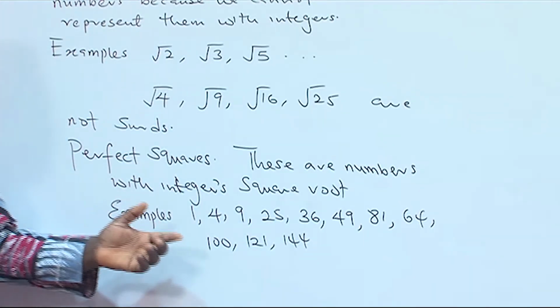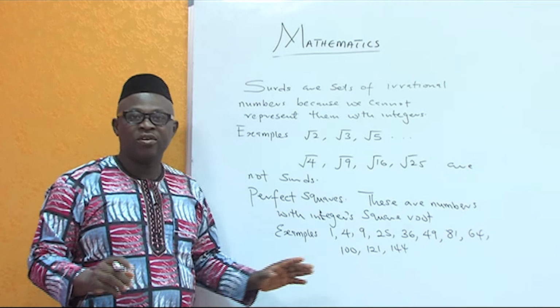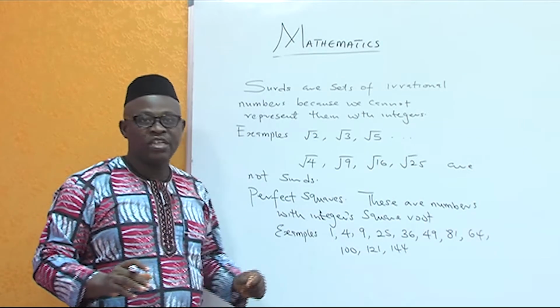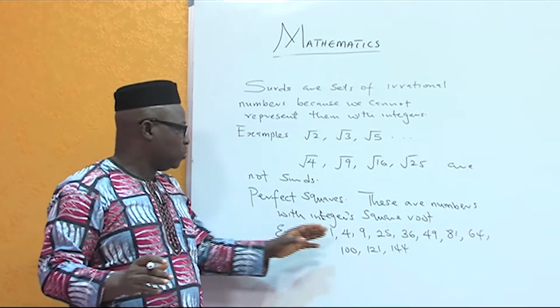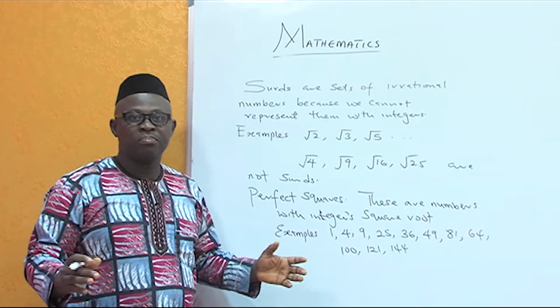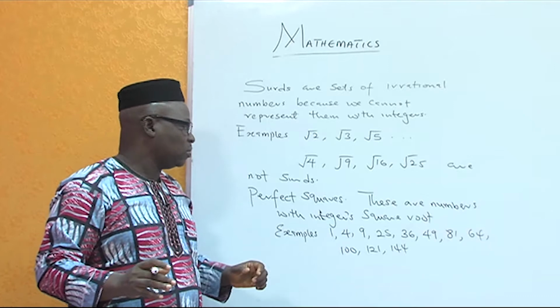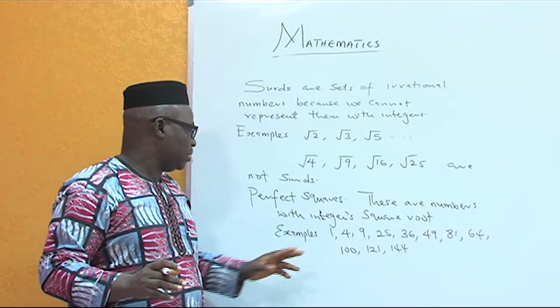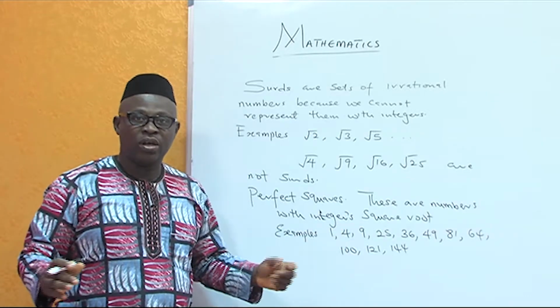Anytime I need to simplify a surd, these are the numbers I have to put into consideration. If any one of them is a factor of the surd I need to simplify, then I have to use this particular number. That is, I have to use those that are perfect squares.